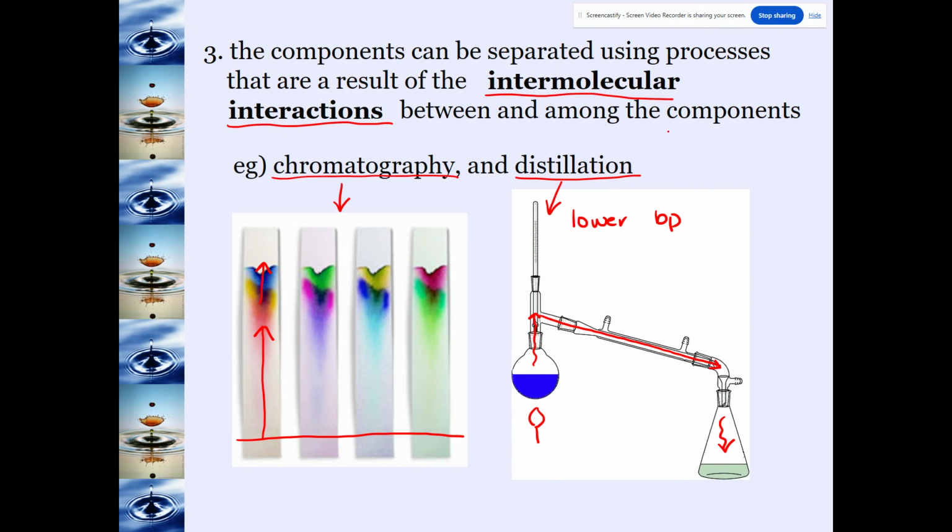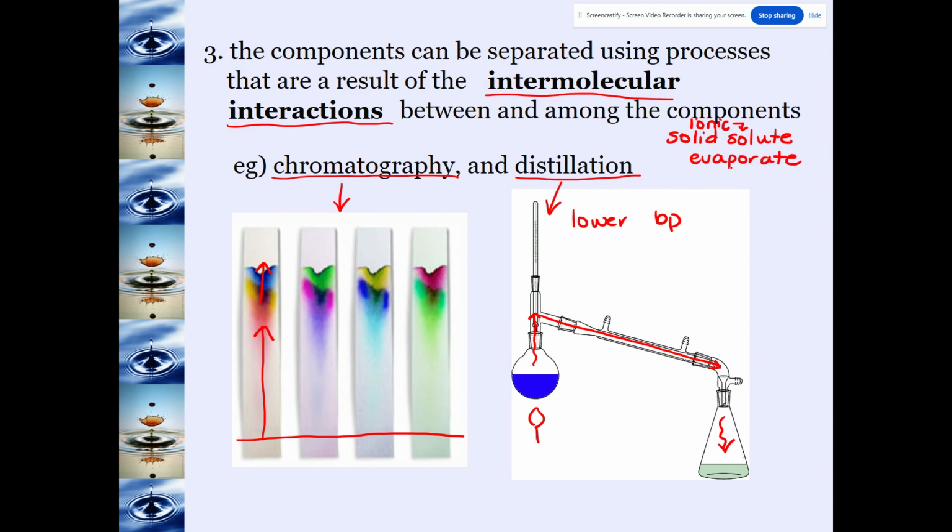We can also separate, let's say I have a solid solute. If I have a solid solute in my liquid solvent, I can evaporate the solvent. Say I have a mixture of salt water, some type of an ionic compound. Ionic compounds, remember, are always solid before we put them in water.